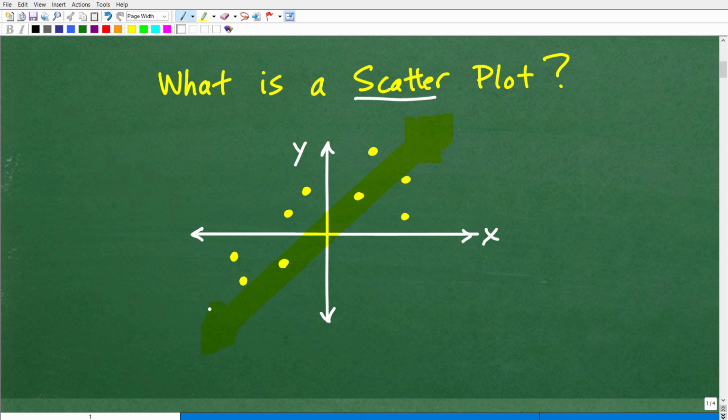Now, it's not going to be perfect. This line is not going to go through every single point because it's just impossible to have one line. Obviously, we can't draw a line that goes like this. So we're going to just try to find a line that generally represents the best trend that's going on here. So if we think about it for a second, we're like, well, what points would we use? Would I use this point and this point?